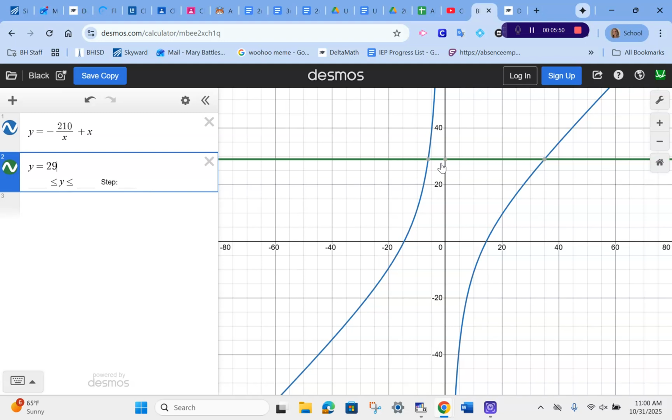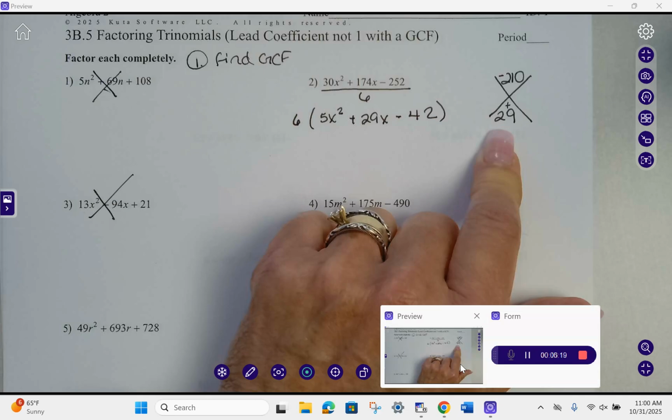And when I shrink it, I can see there's a point where everything intersects, and there's a point where everything intersects. And looky, looky, looky, we have -6 and +35. Those are our x coordinates. That's what we're looking for. A -6 and a +35. Those add up to 29.